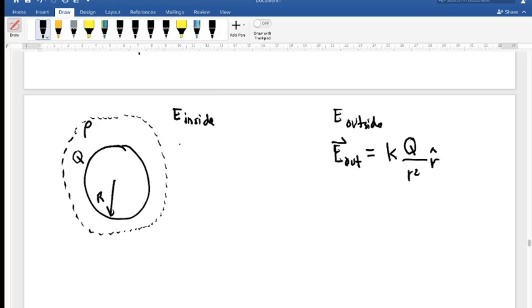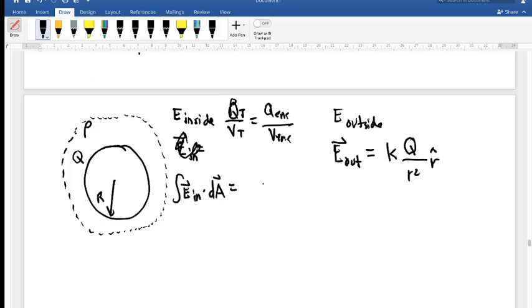But for the inside, you just have to use that the total charge divided by the total volume is equal to Q enclosed divided by the enclosed volume, right? That's how you get the electric field inside. So what is the Q enclosed?